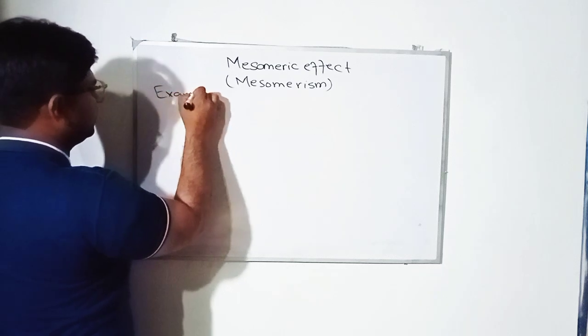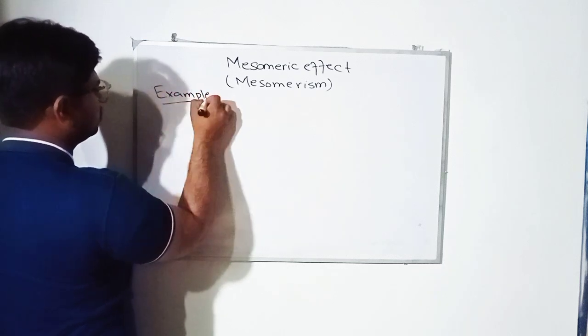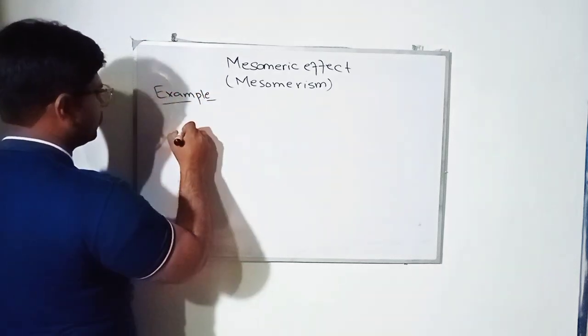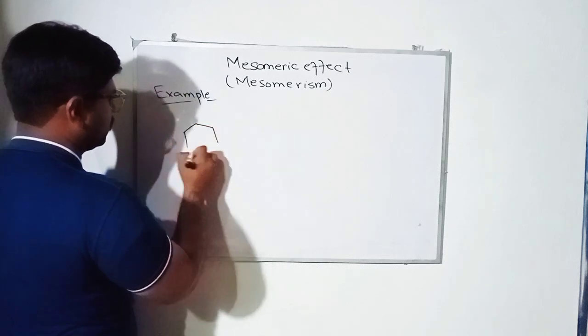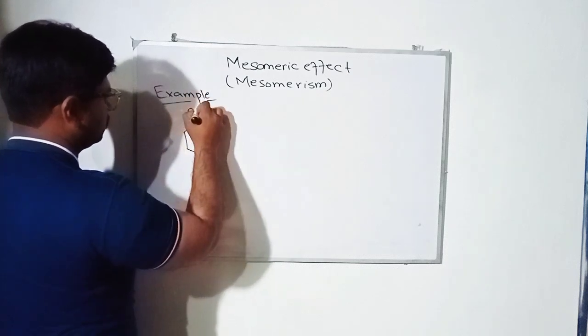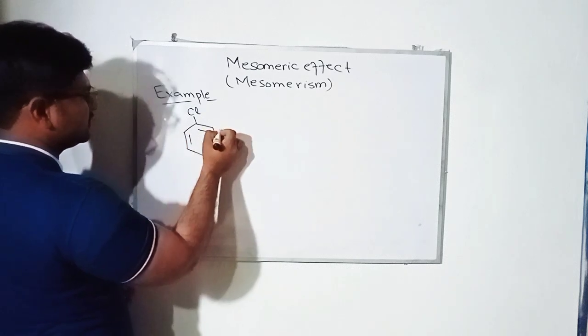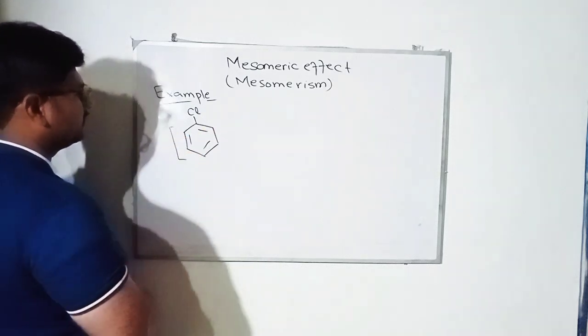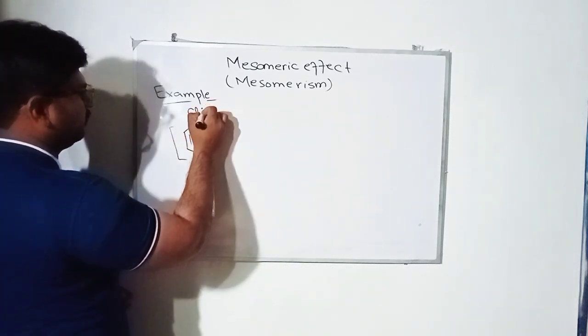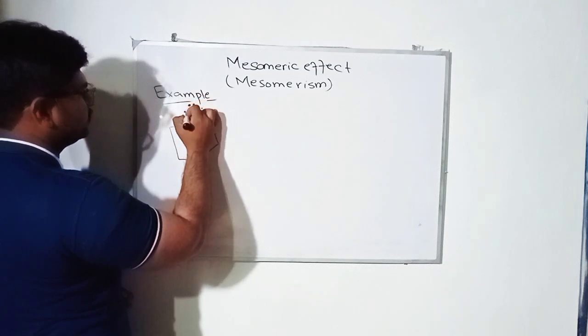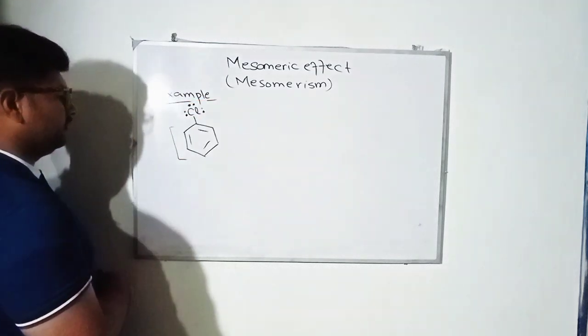Let's take an example of chlorobenzene. So here we have a conjugated system in the form of a benzene ring with one chlorine group attached, and the chlorine has actually 3 lone pairs of electrons.